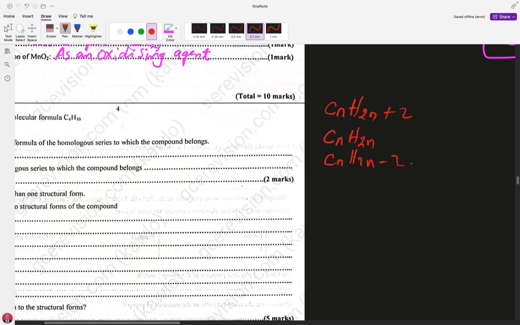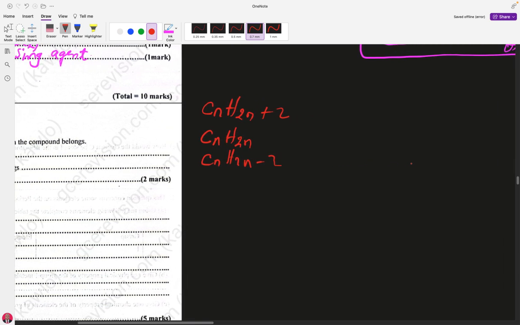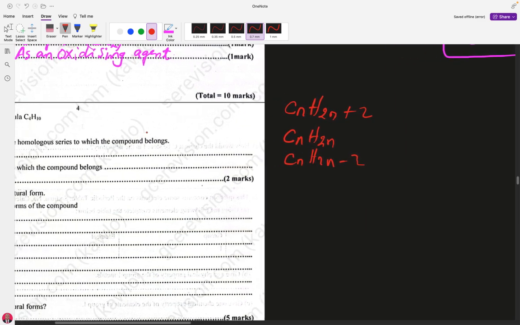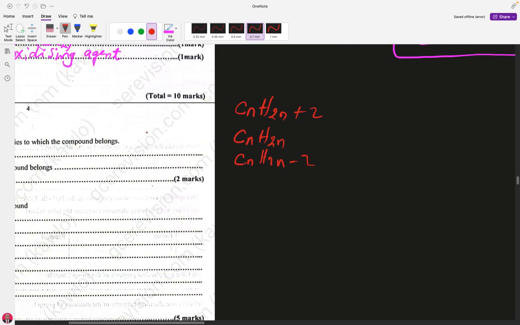So let's see which homologous series this one belongs to. Let's substitute the value, and we will know whether it is an alkane or an alkene. The formula is C4H10.